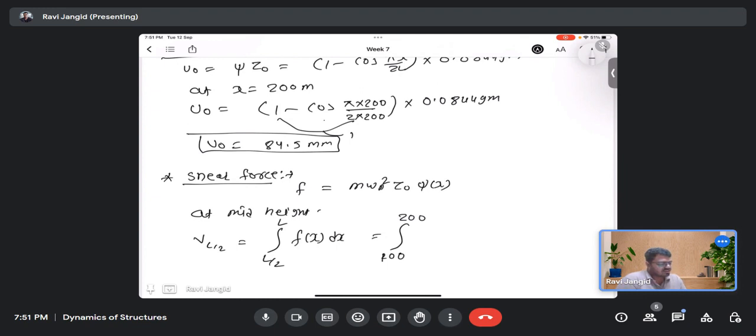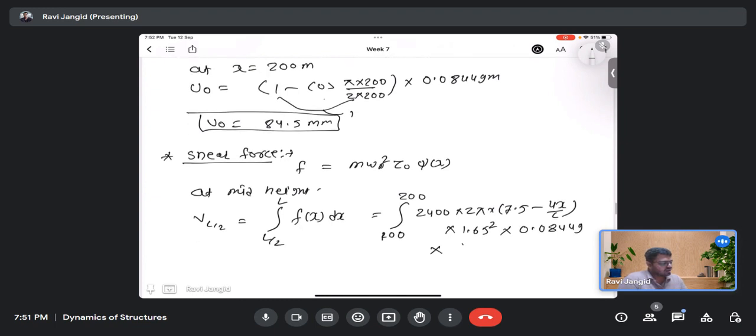That would be M is 2400, 2 pi into 7.5 minus 4x by L, into omega 1.65 square, into shape function z naught, 0.08449 into 1 minus cos pi x by 2L, into dx.